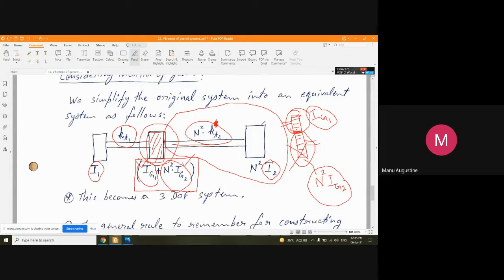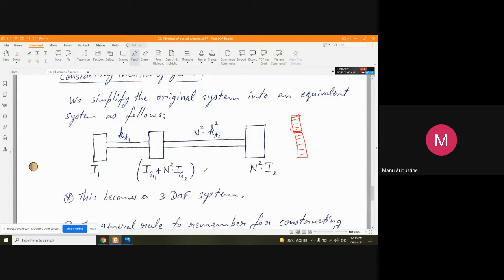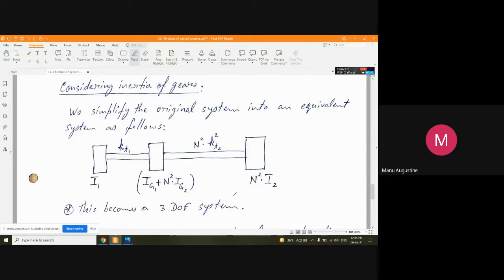Now you replace it with a new rotor having an inertia value of n square I2. So this is the equivalent replacement. And after making all these replacements, you get a system like this. So this is how you convert a system when you consider the inertia of the gears.